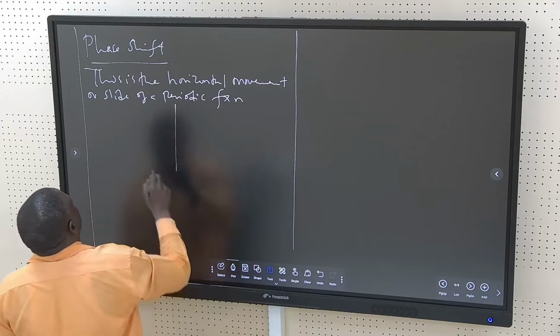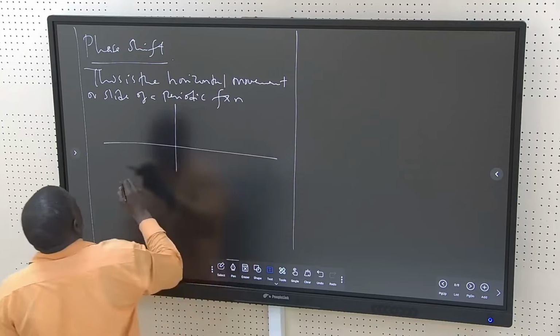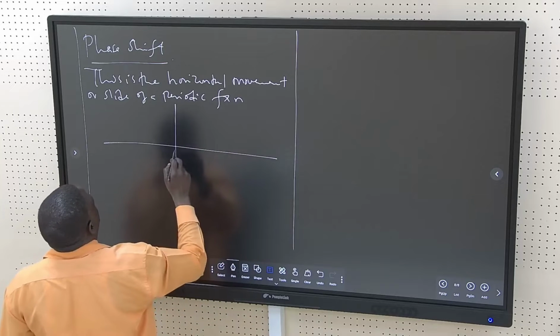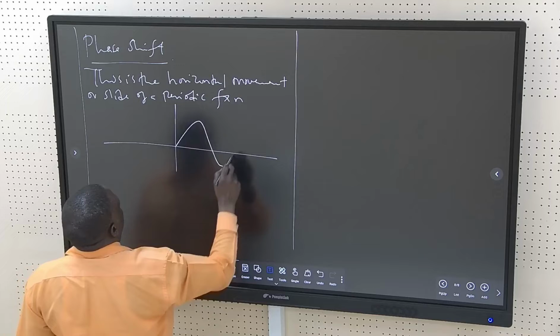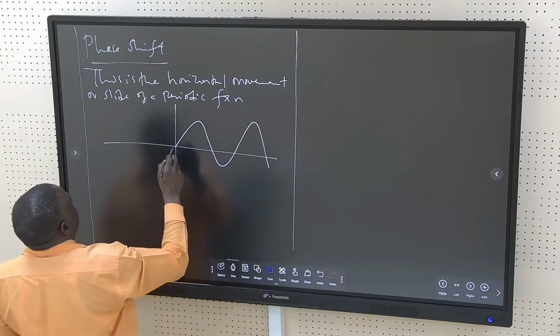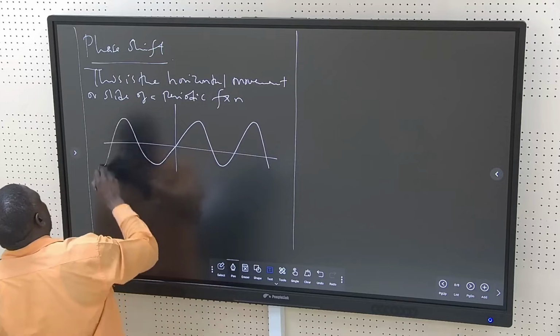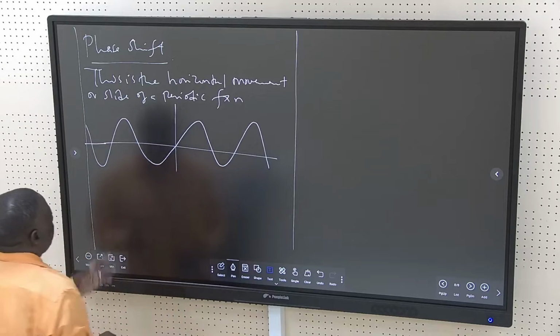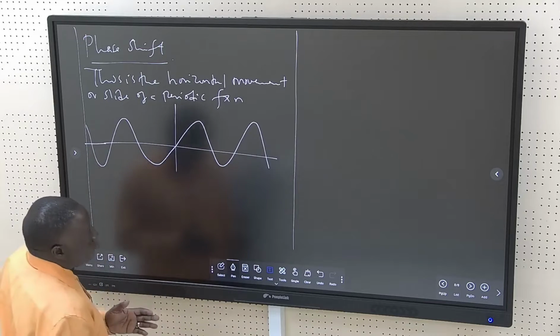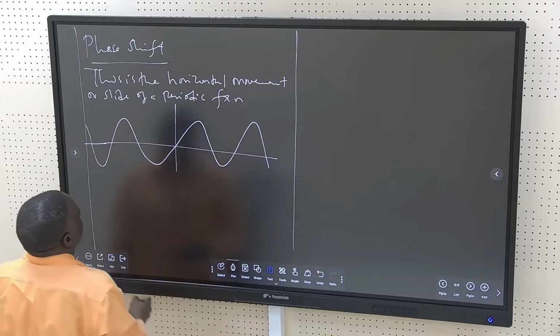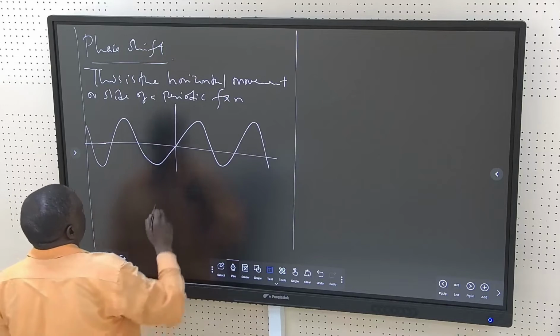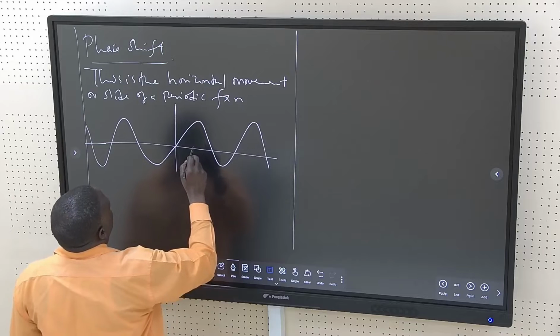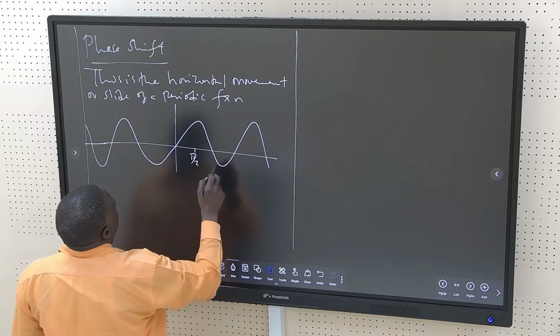So suppose we have this curve, say, we can have this one. So this is the origin, and it can move by pi over 2. So here we have pi over 2.